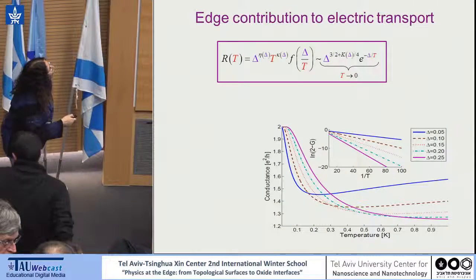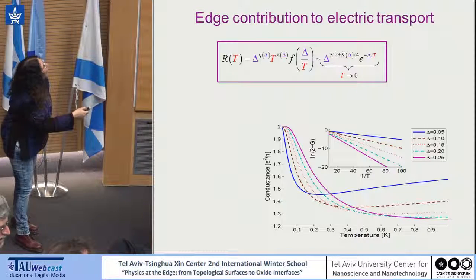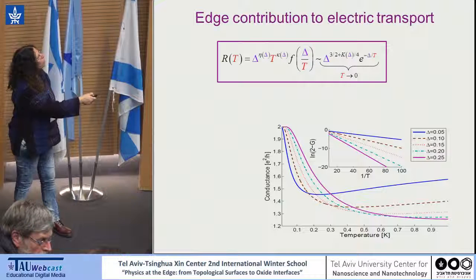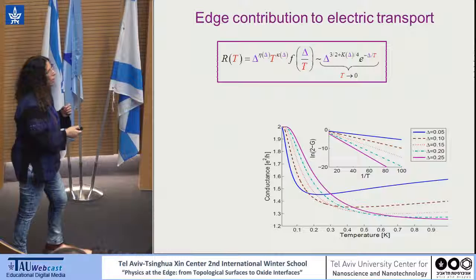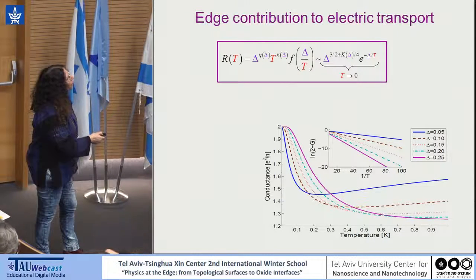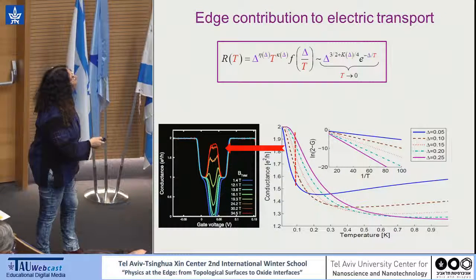So here is a result. We get some scaling formula for the resistance as a function of temperature and delta, where delta describes the proximity to the transition, EZ minus EZ critical. We compare it to the experiment.